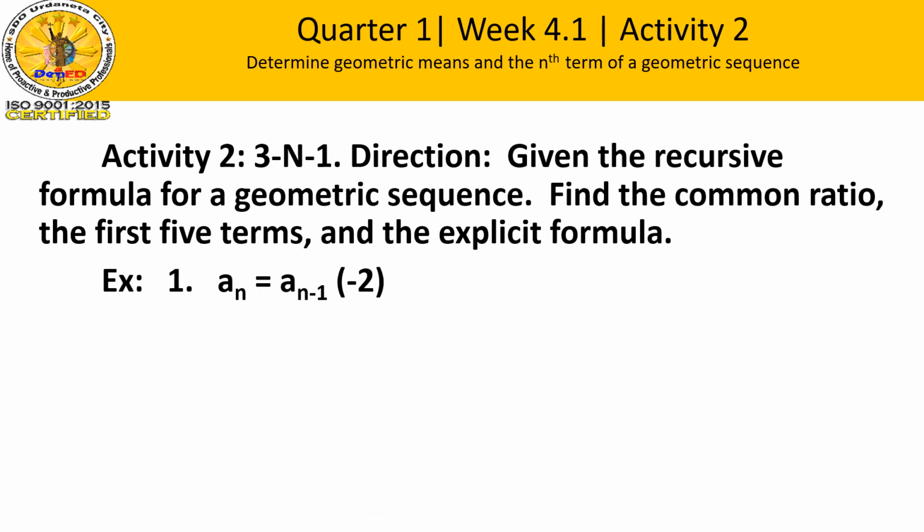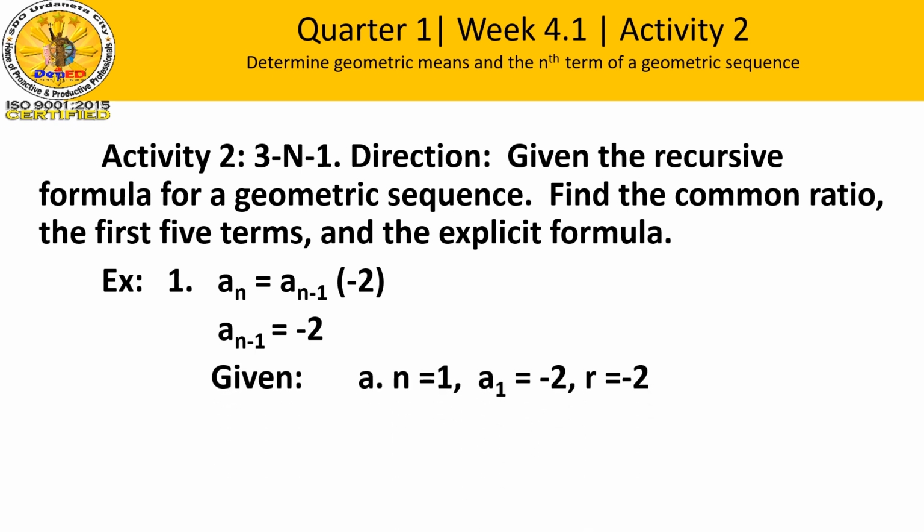Example number 1: a sub n is equal to a sub n minus 1 multiplied by negative 2, and a sub 1 is equal to negative 2. So you have your given where n is equal to 1, a sub 1 is equal to negative 2, r is equal to negative 2.